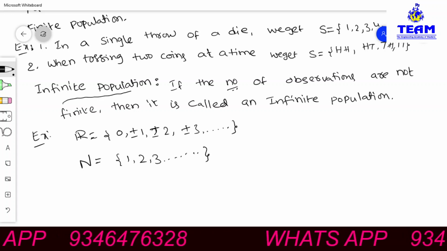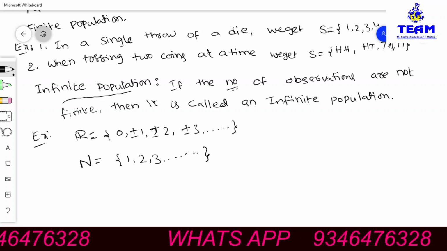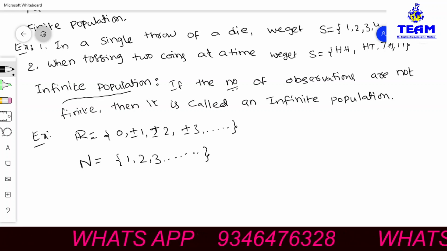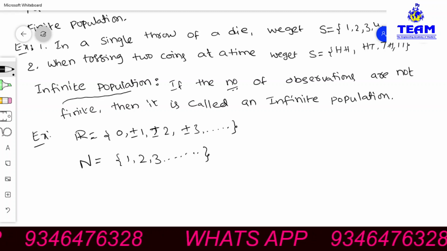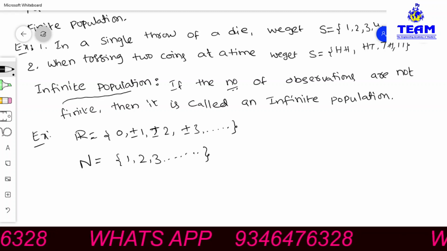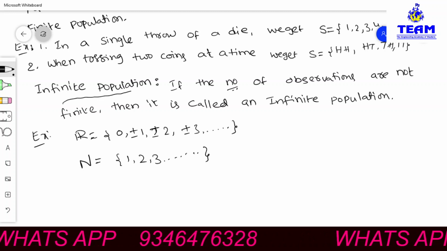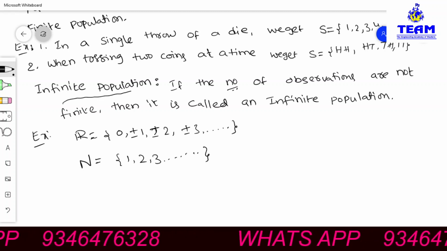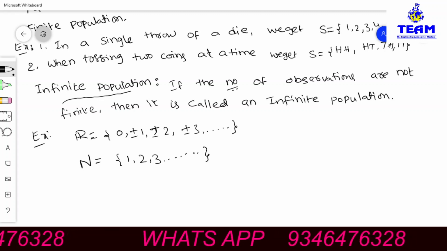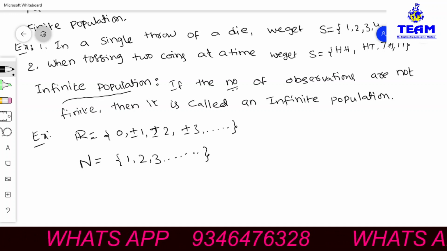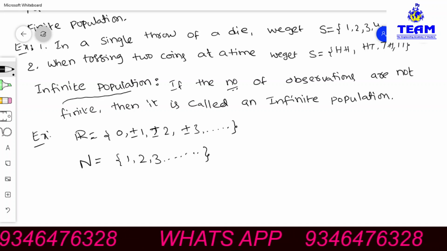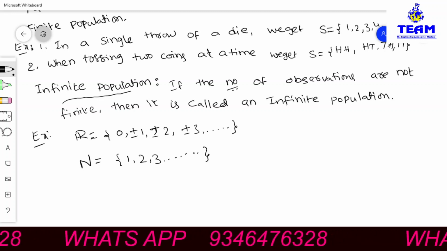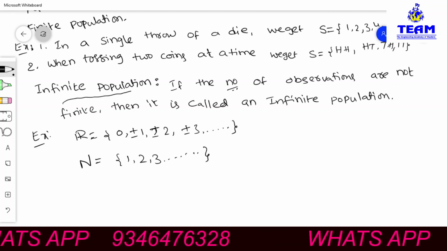These are the examples of infinite population. If you want a live example, the number of water molecules in a sea, or the number of sand particles in a seashore, which are uncountable, so those are said to be an infinite population.